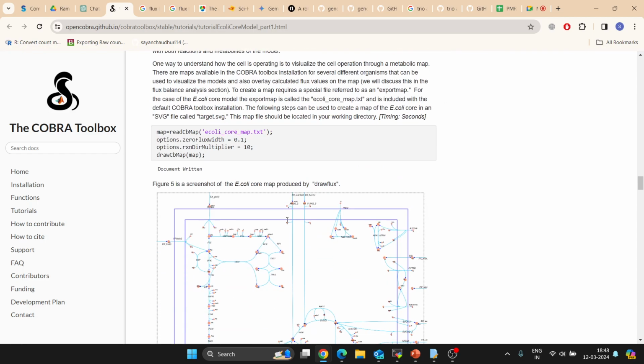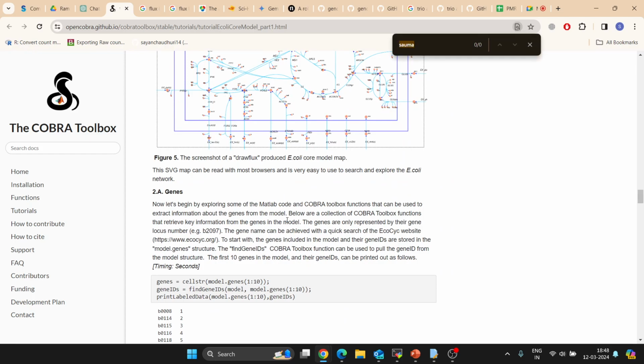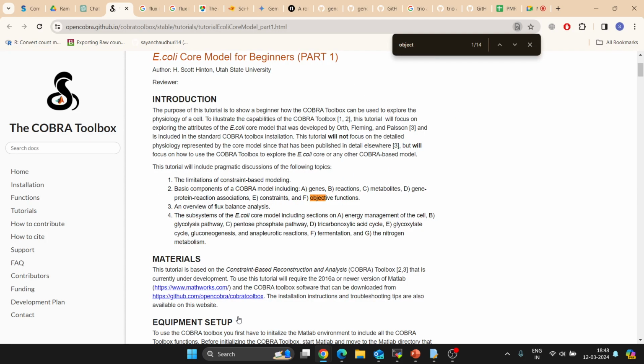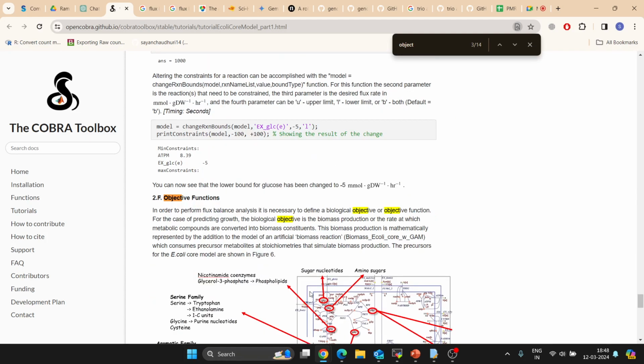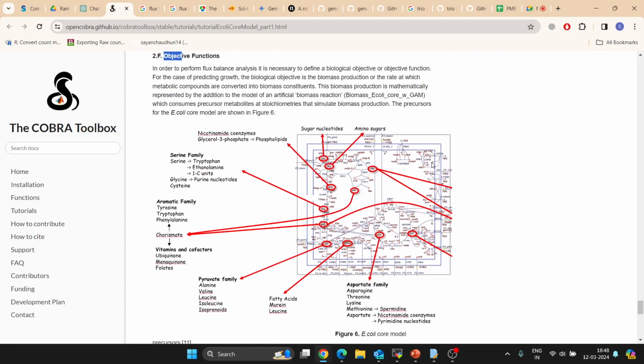Just a second. So the objective functions that they have chosen, this is basically the tutorial. The different objective functions that they have chosen, they have given here, and the biomass production they mathematically represented by this optimization function.